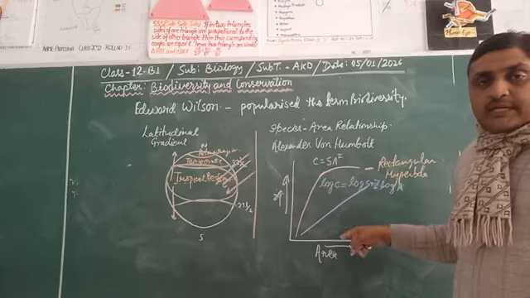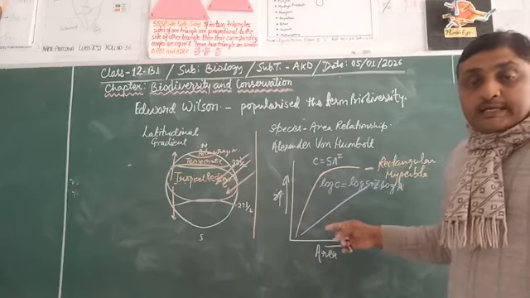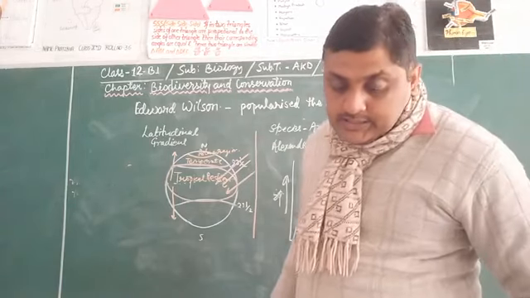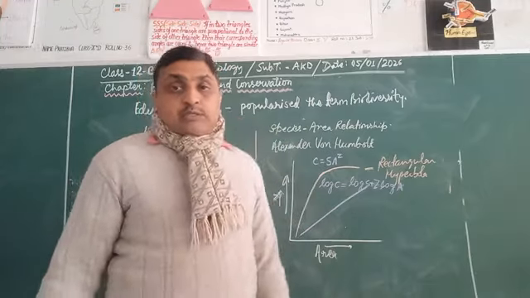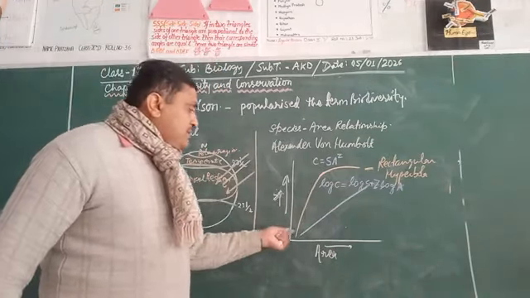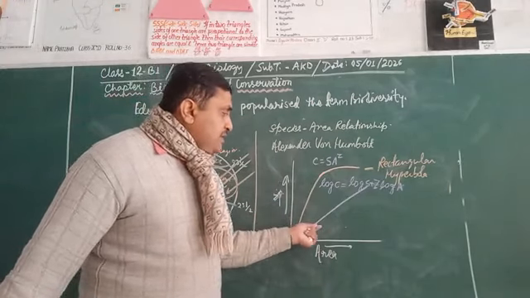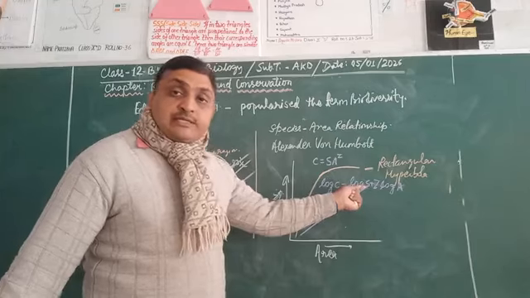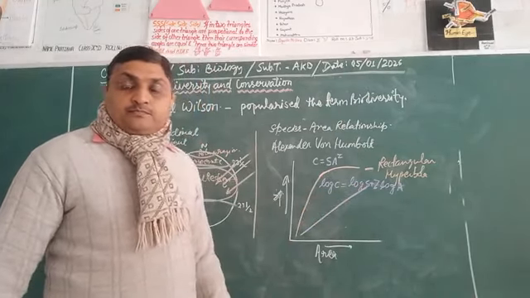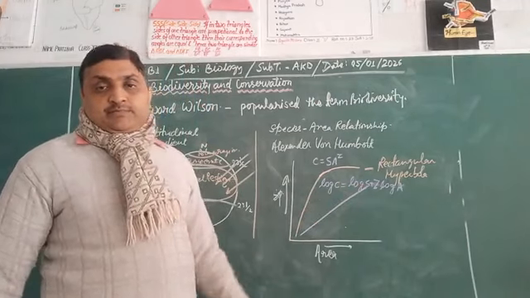So the steeper line represents the richness of the area. Species richness increases as the area increases. This is what the steeper line represents.